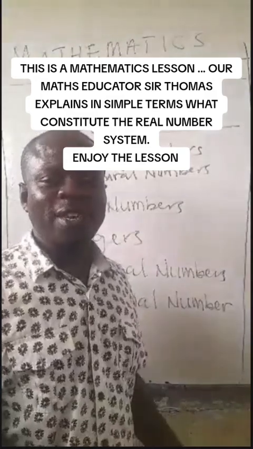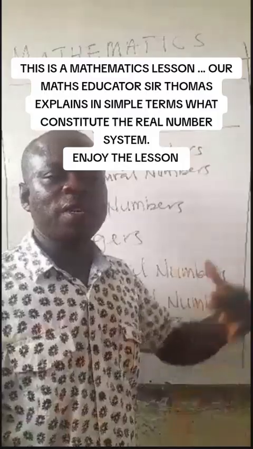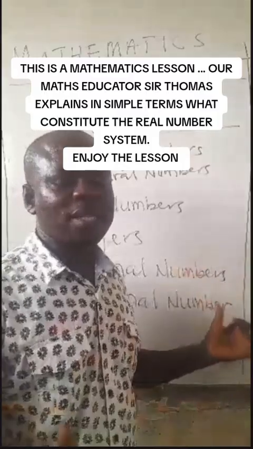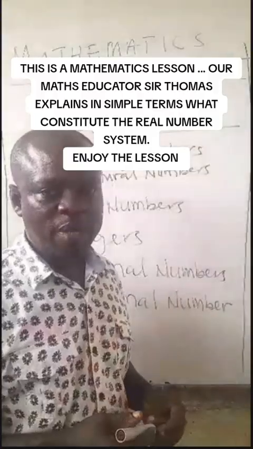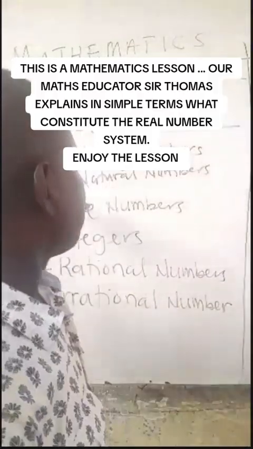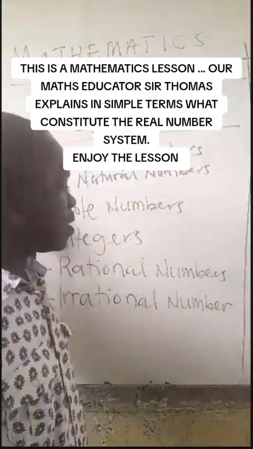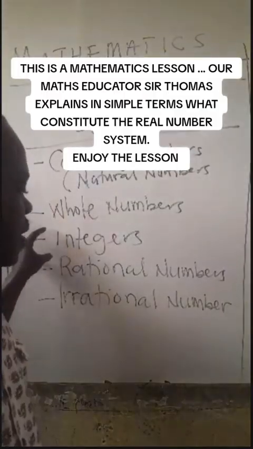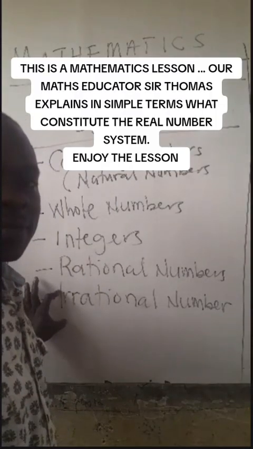So we realize that the real number system is made up of different subsets that put together to become the real number system. That begins from the counting numbers, and then we have the whole numbers, the integers, then the rational numbers, and irrational numbers.